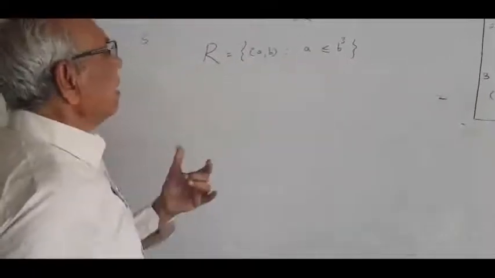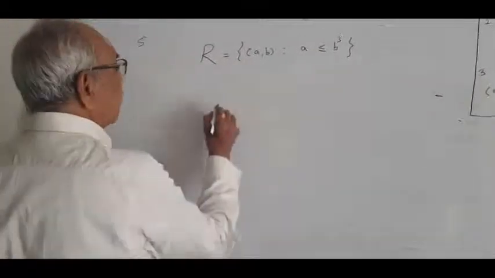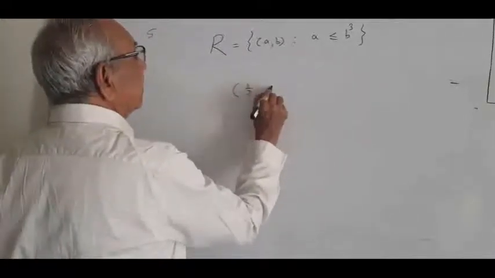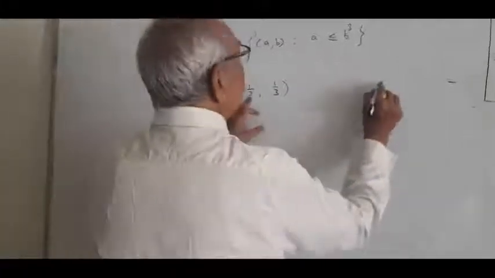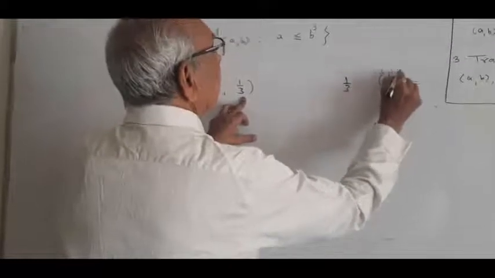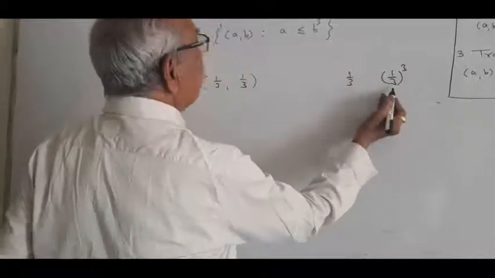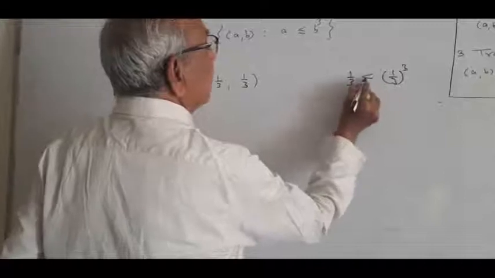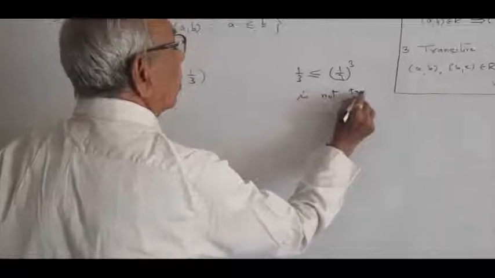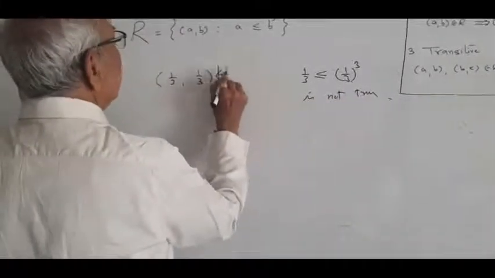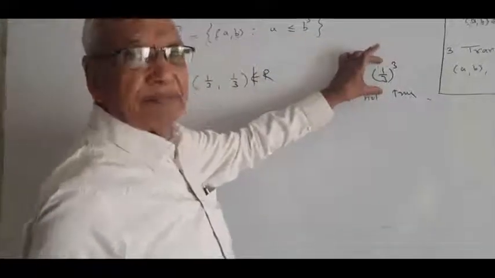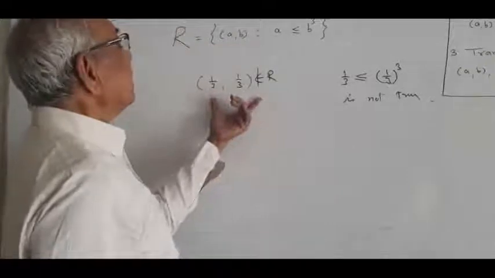But when a is between 0 and 1, let us take a equal to 1/2 or 1/3. Then a means 1/3 and a cubed means (1/3) cubed, which is 1/27, right? Now, this is not true, so (a, a) does not belong to R, because 1/3 is bigger than 1/27. Therefore, this relation is not reflexive.